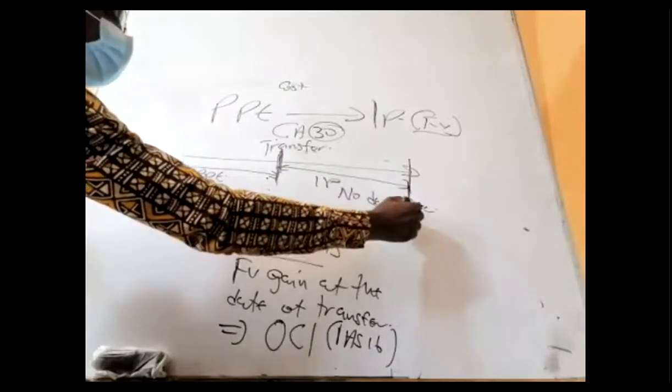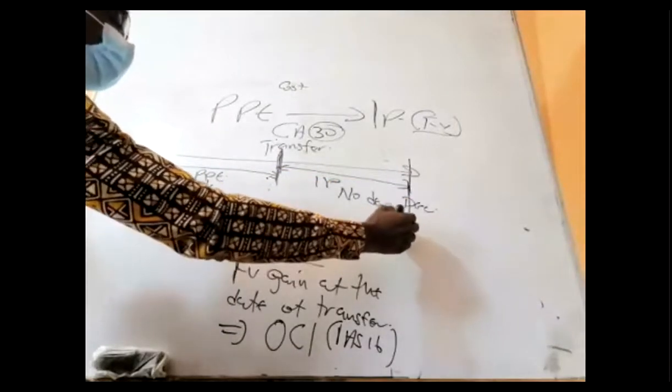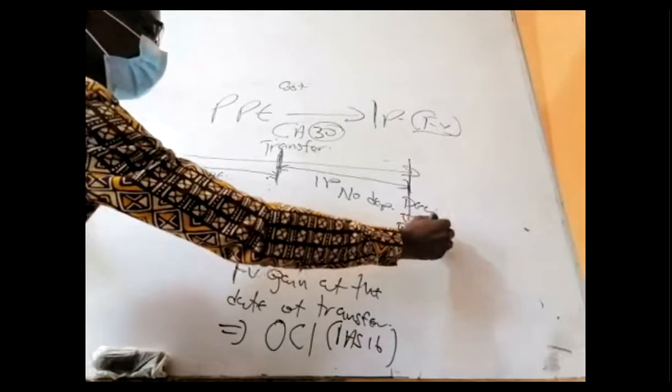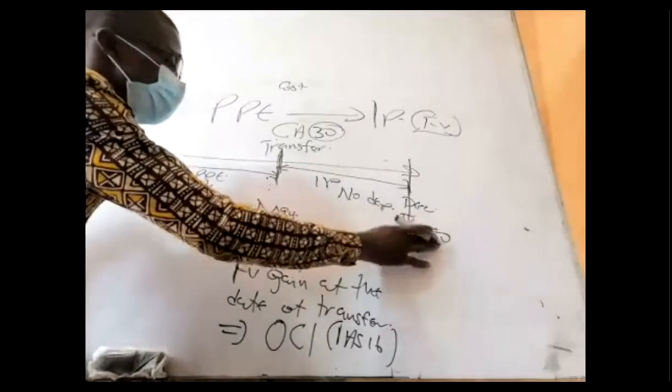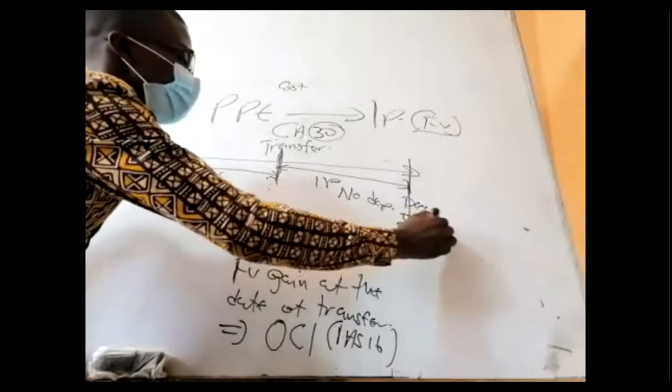They have to also tell us the fair value at the end of the reporting period. So let's say the fair value at the end has moved to 50 Ghana cedis.